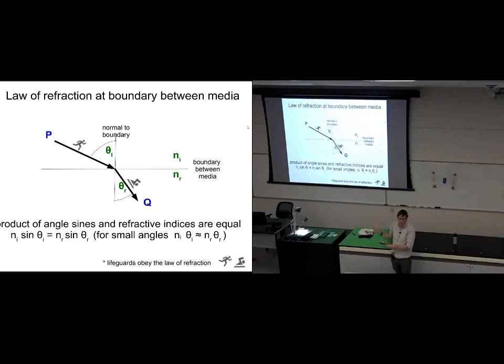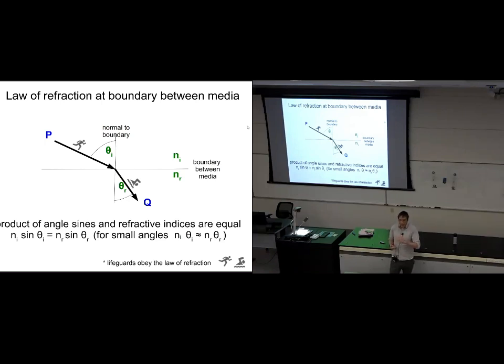It's a relationship between the two angles of the incident and outgoing rays and the two refractive indices of the two different media here. Here's a really interesting thing about the law of refraction. I can literally remember when I first heard this, and I sort of couldn't believe it. There was something about it I couldn't believe.